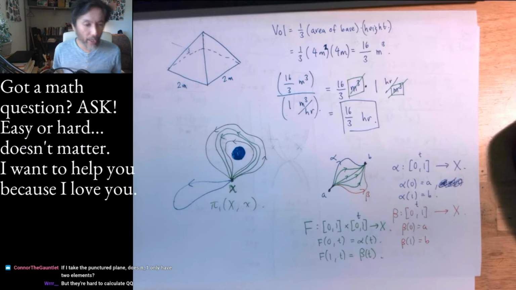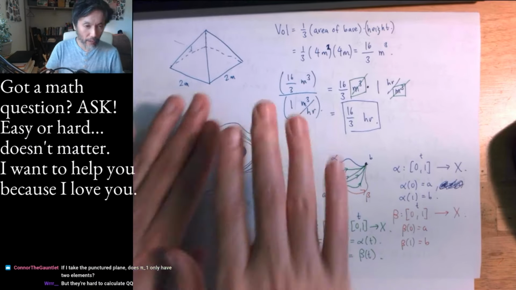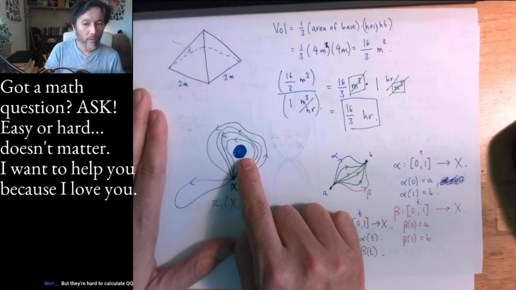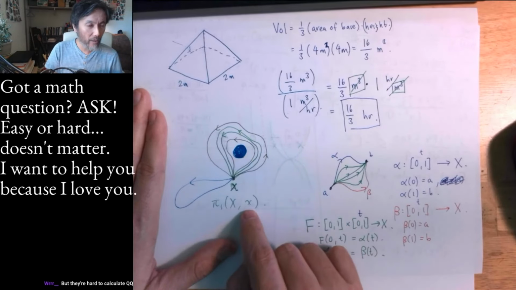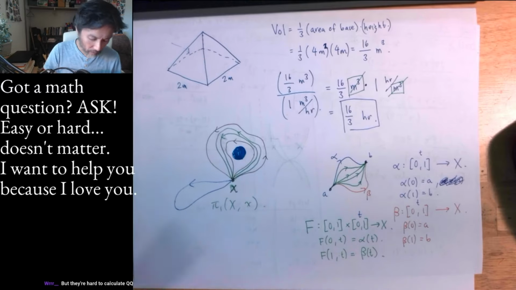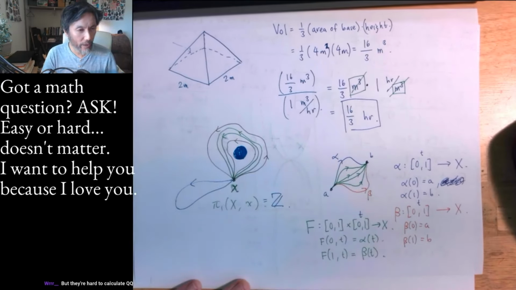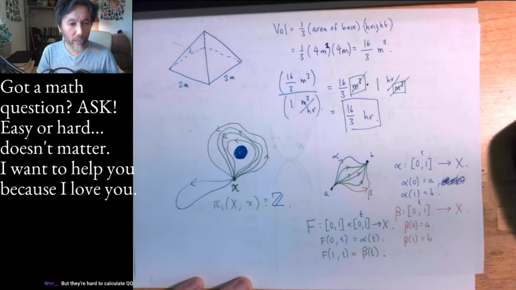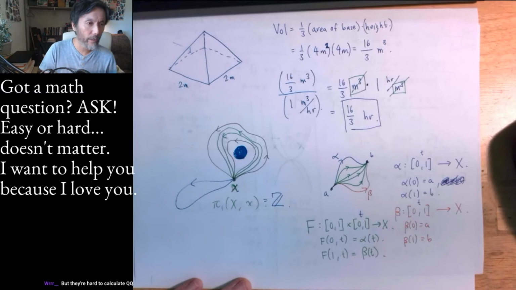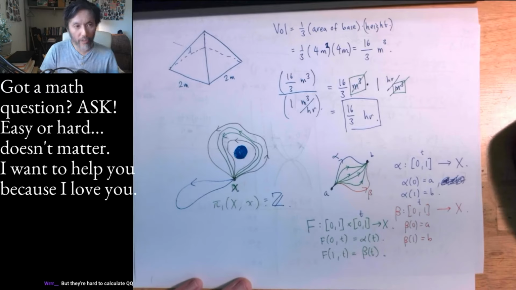So like this guy, if we think about the plane minus this hole, pi 1 of X turns out to be equal to Z. The free group on one generator is the way you should think of that. If you had 2 holes in the plane, you know what you get? Z star Z, the free group on two generators. And with 3 holes, Z star Z star Z.